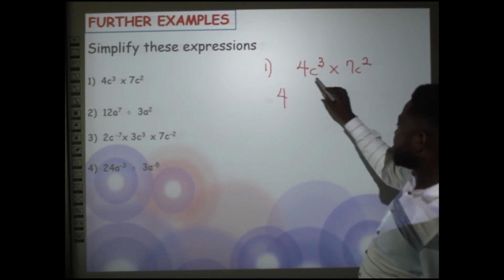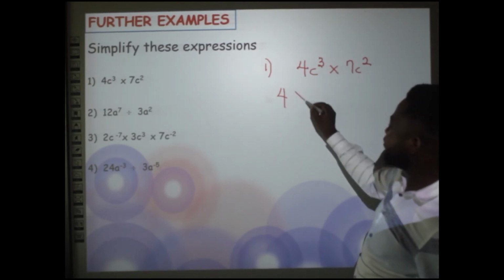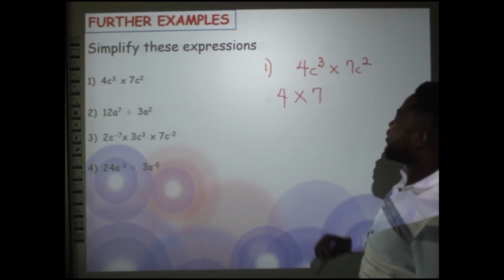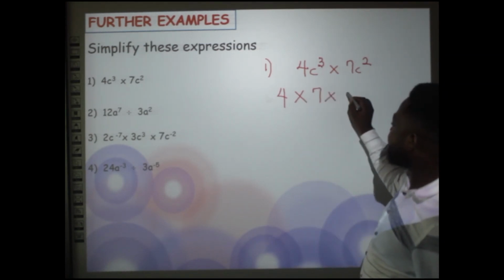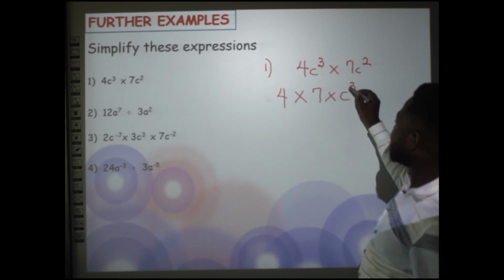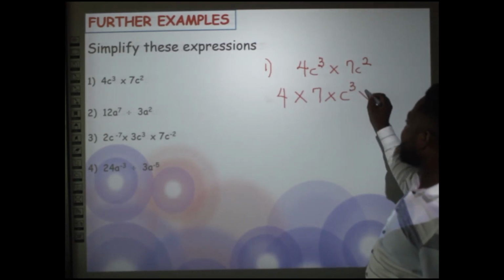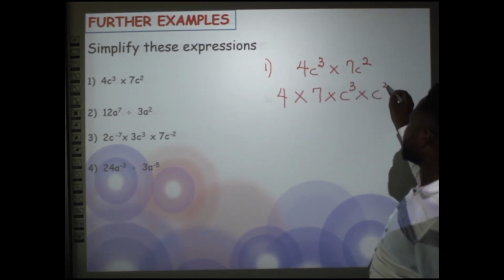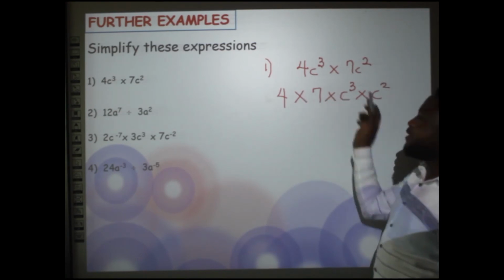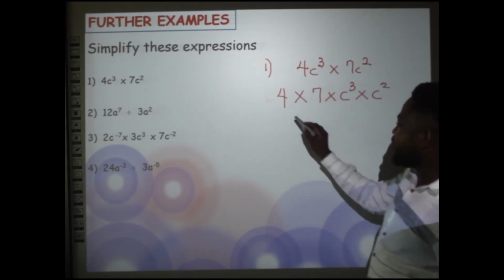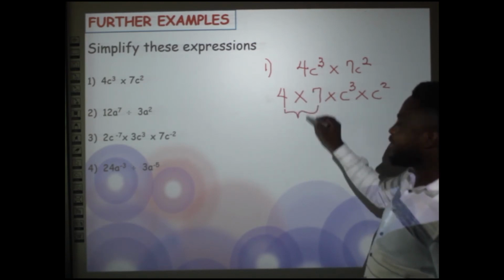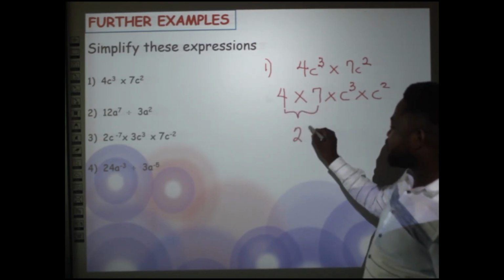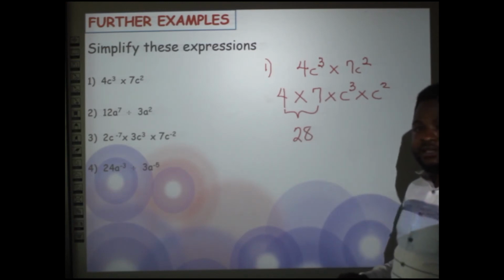You bring out 7. 4 times 7, can you see that? Multiply by c cubed, or c raised to the power 3, times c squared, c raised to the power 2. So you try to separate the numbers from the letters. So now, what is 4 times 7? 4 times 7 will give us 28, right?